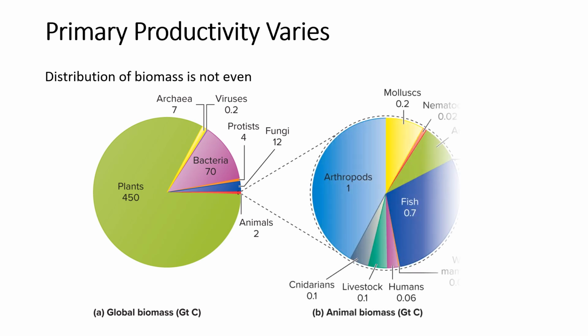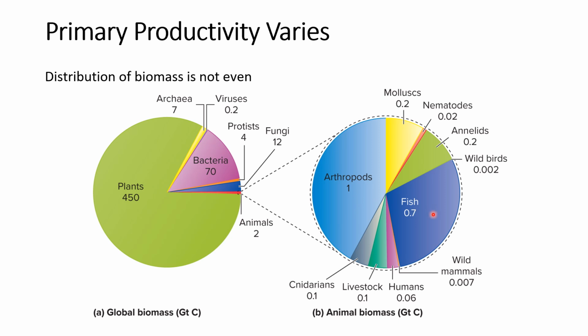If we focus in on the animals themselves, well, here we see even how rare it is to be a human. A couple interesting things here. We can see the most common animals are arthropods, making up roughly 50% of the global biomass of animals. So this would include insects and crustaceans and such.